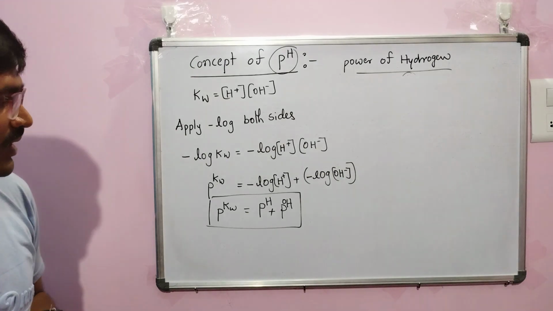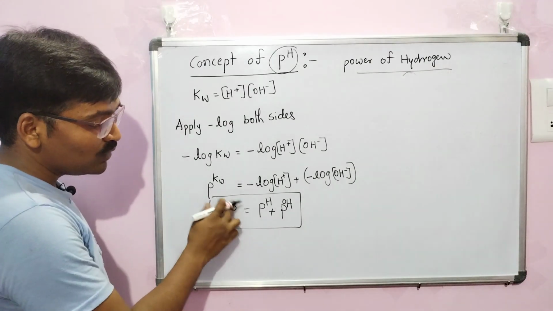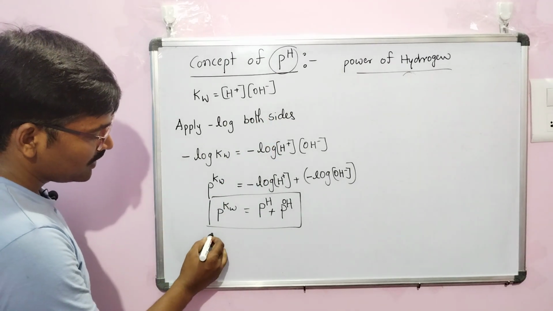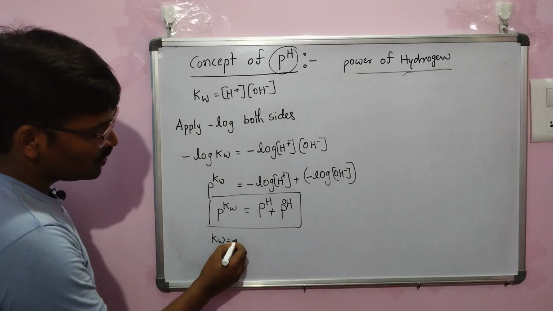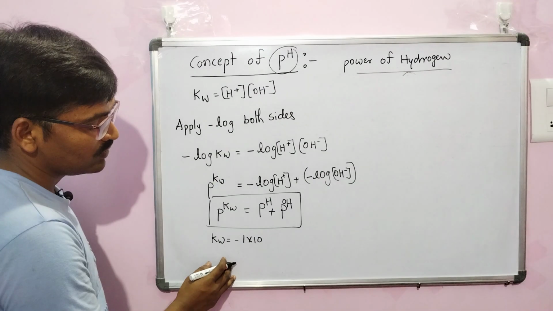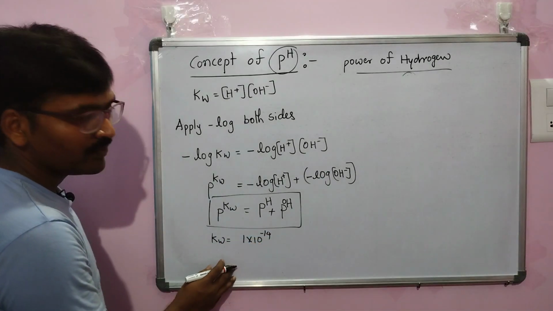Here, what is the Kw value? Kw equals 1 into 10 to the power of minus 14.